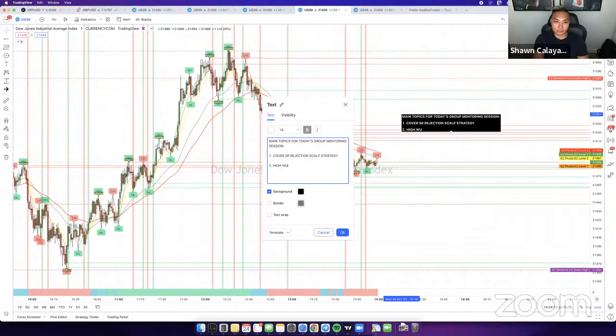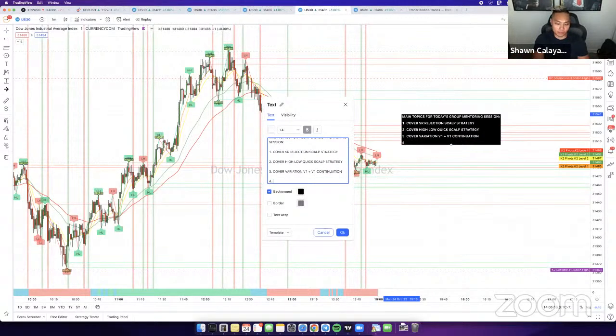Two, high-low quick scalp. Three, cover variation V1 plus V1 continuation. And I think someone wanted me to cover the daily US 30 plus daily counter trend. So a couple of things here that we will be covering.